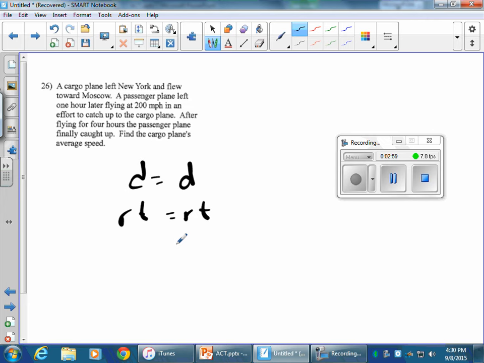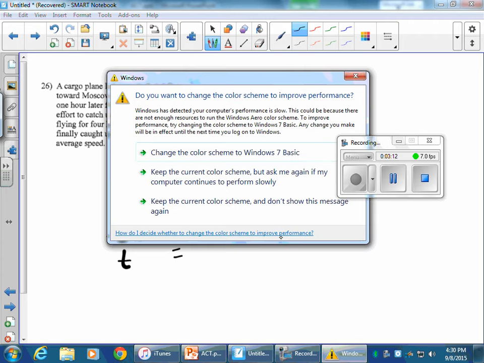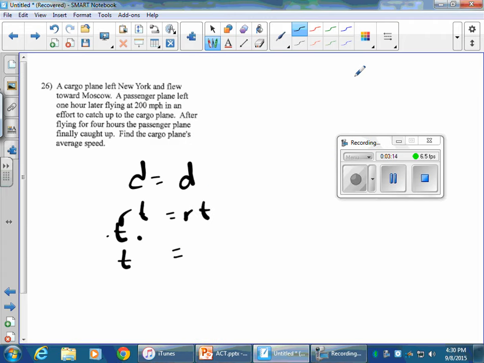So I don't know what the time was, but if this cargo plane flew t hours, then the passenger plane, leaving 1 hour later, would be t minus 1.